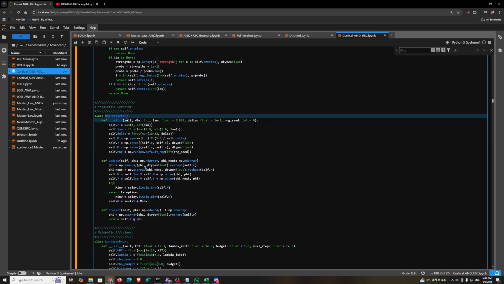Let's talk about that. A hallmark of intelligent systems, especially biological systems, is the ability to predict the future. It's axiologically a very high value capability. So the RLS predictor class embodies that predictive capability by implementing a recursive least squares algorithm, or RLS algorithm. Now this is powerful adaptive learning.